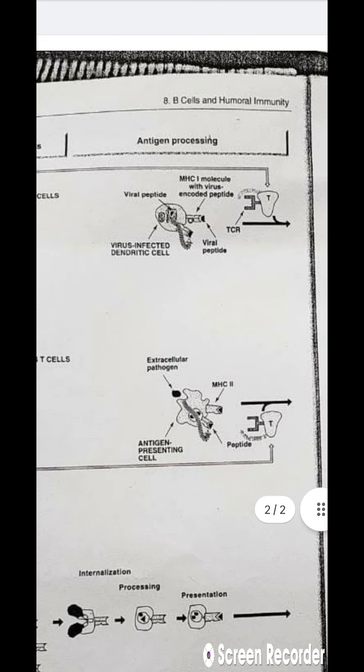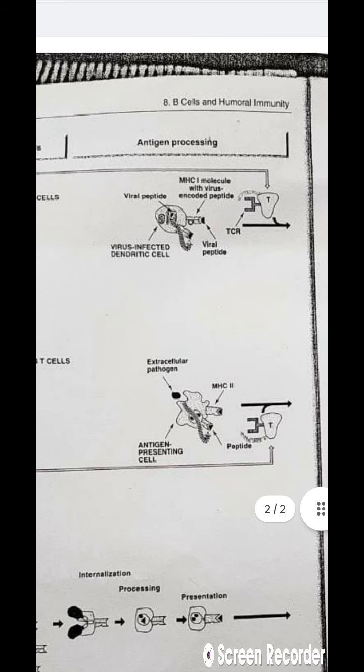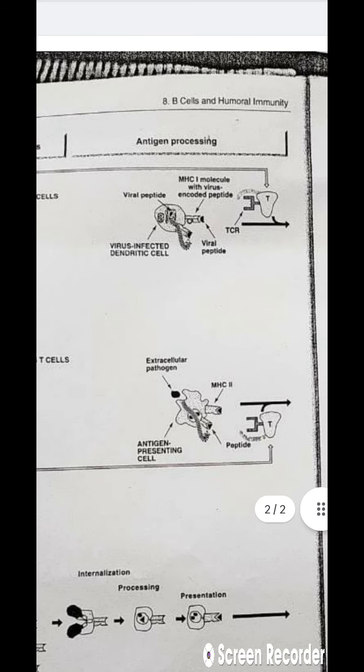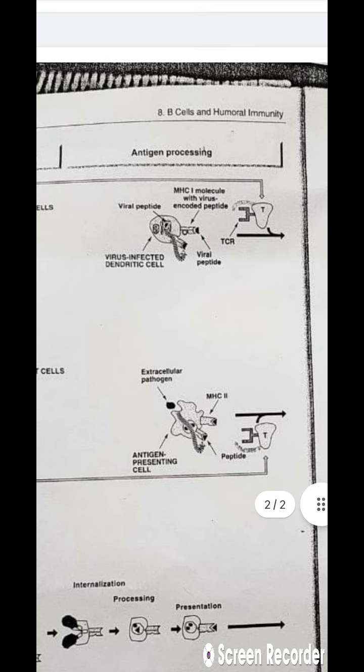It is just a mnemonic to remember, but it is a very important mnemonic. Please remember and understand this. 2 into 4 is equal to 8, so the MHC2 molecule binds with the CD4 T cells, and 1 into 8 is equal to 8, where 1 means the MHC1 molecule binds with the CD8 cells.